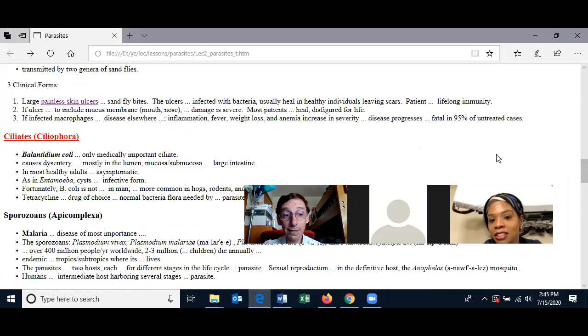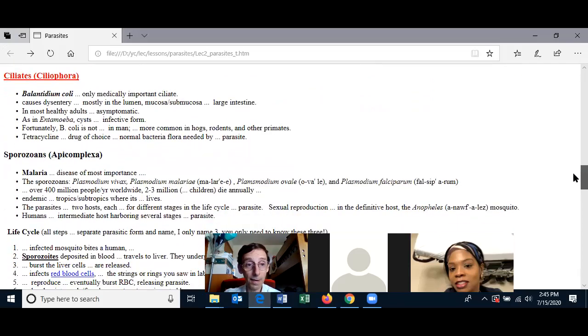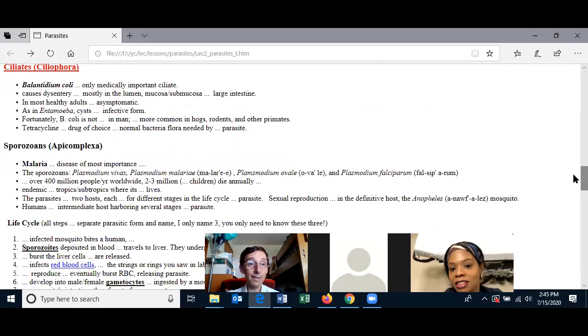There's only one ciliate I want to talk about of medical importance, and that is Balantidium coli, the only medically important ciliate to man. It causes dysentery, and remember that's diarrhea, but the dysentery that Balantidium coli causes is not as severe as Entamoeba histolytica.